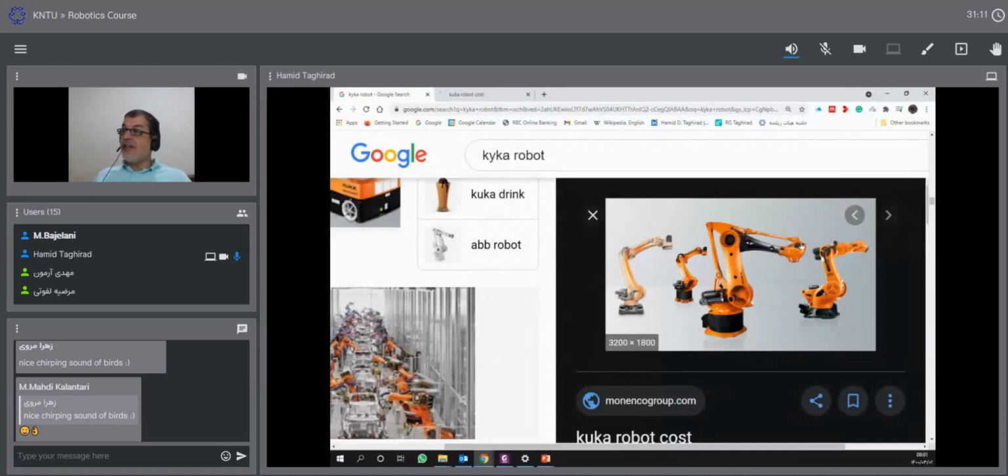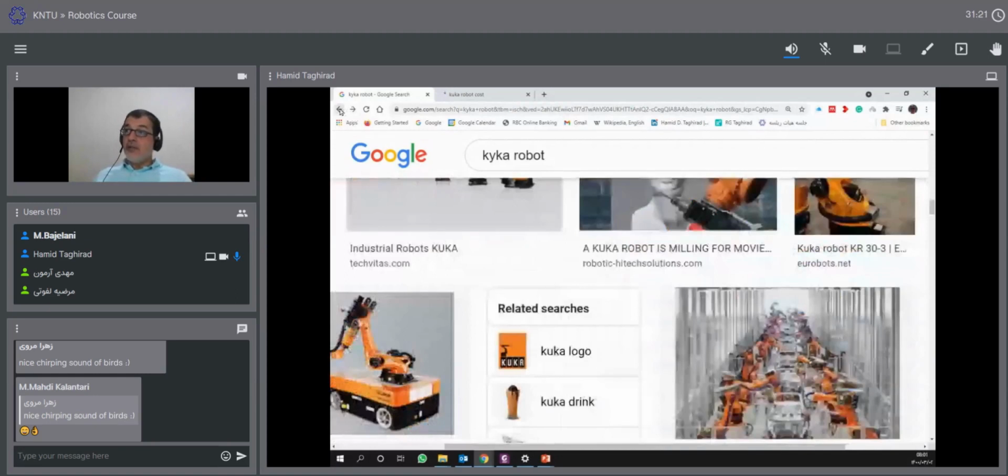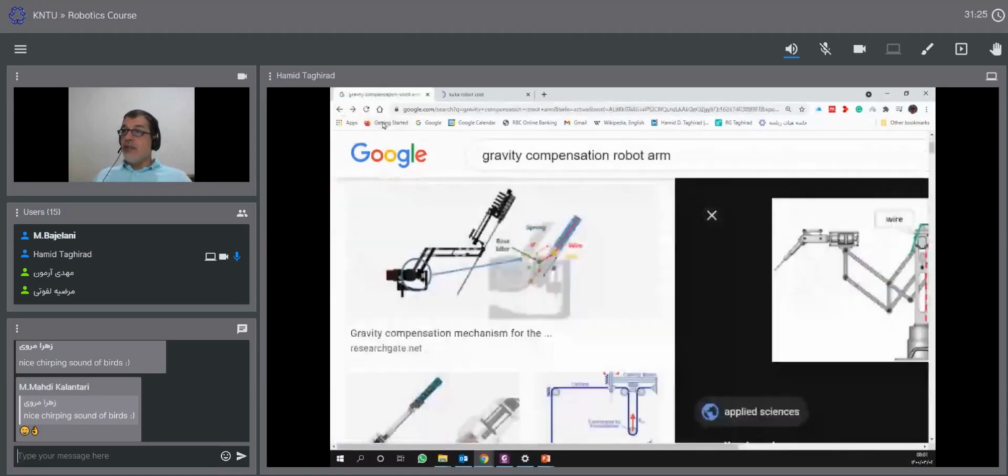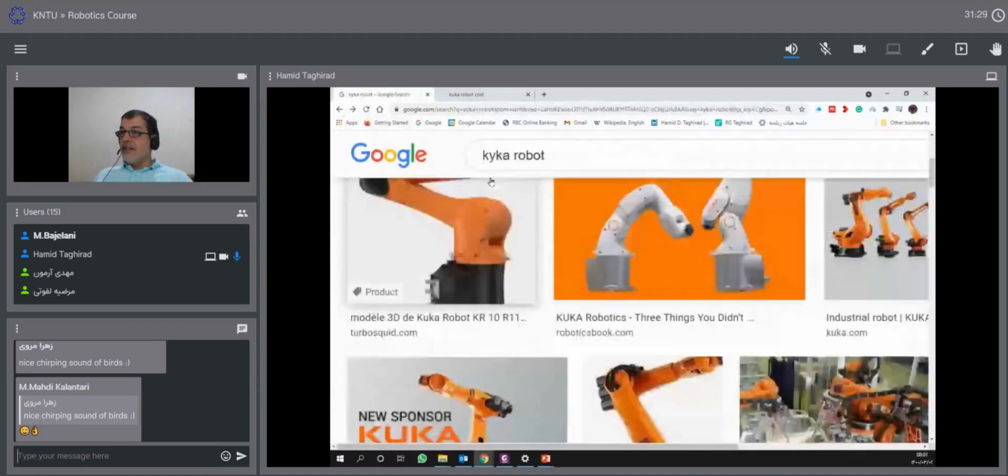And here again you can see that you have two links coming into the picture. In many older versions of the robot, not the very new ones, you see counterweighting, while the new ones are without counterweighting, relying on the power of the motors.